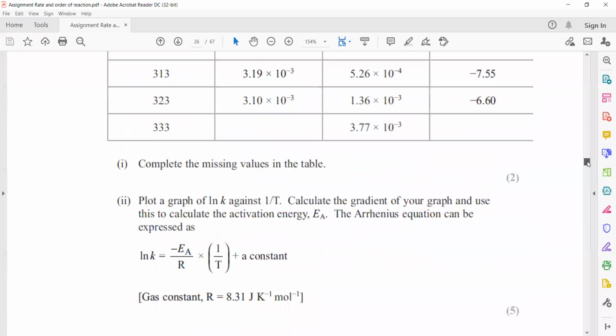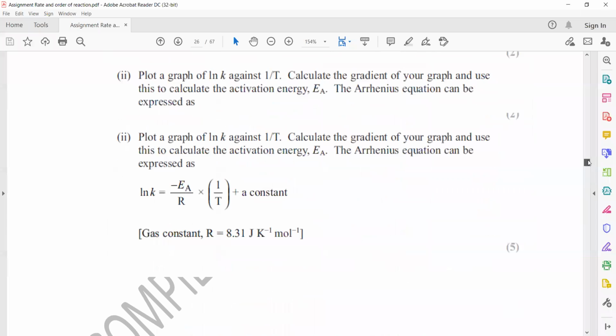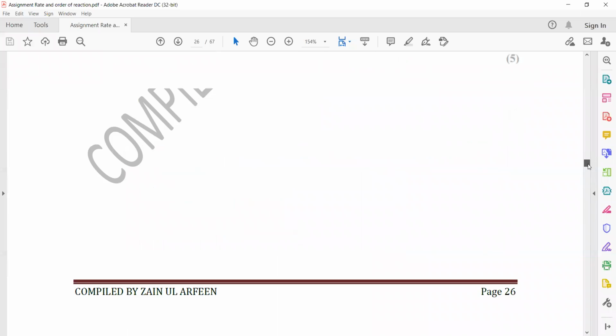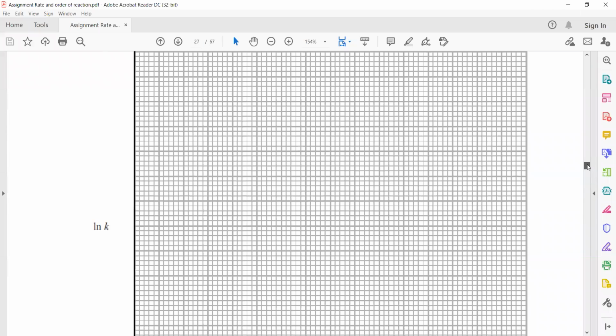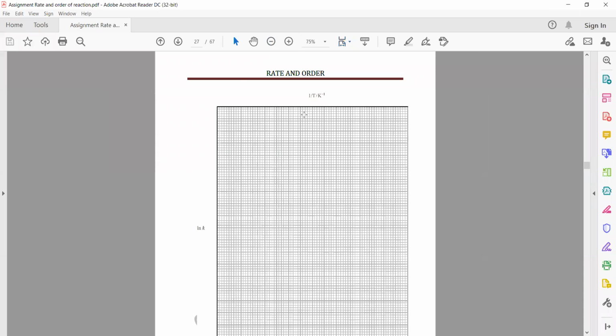Then we have to plot a graph. As you can see here, the Arrhenius equation is given to you. So you have to plot a graph from the values, but you can see the value of ln k is negative, going from minus 5.58 to about minus 9. So when you plot the graph, we have minus 1, minus 2, minus 3, minus 4, minus 5, minus 6, and so on till minus 9.